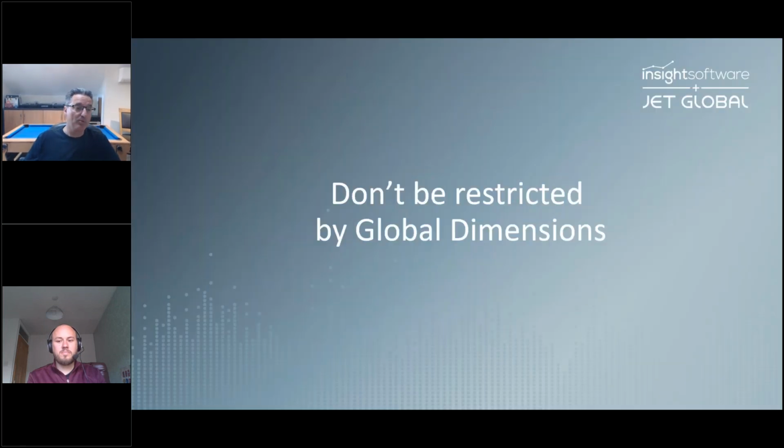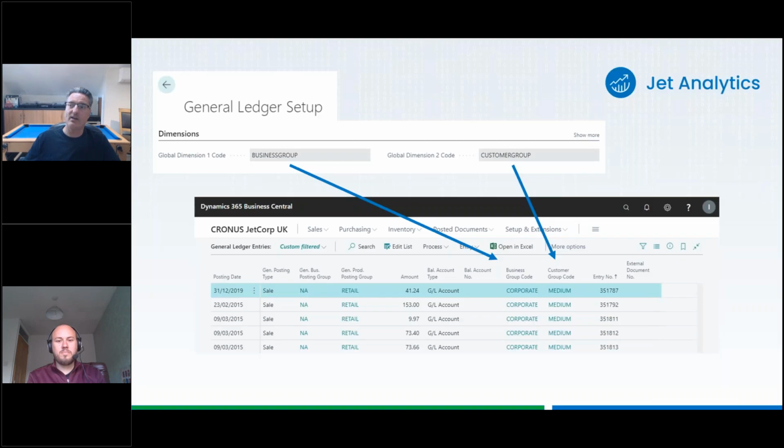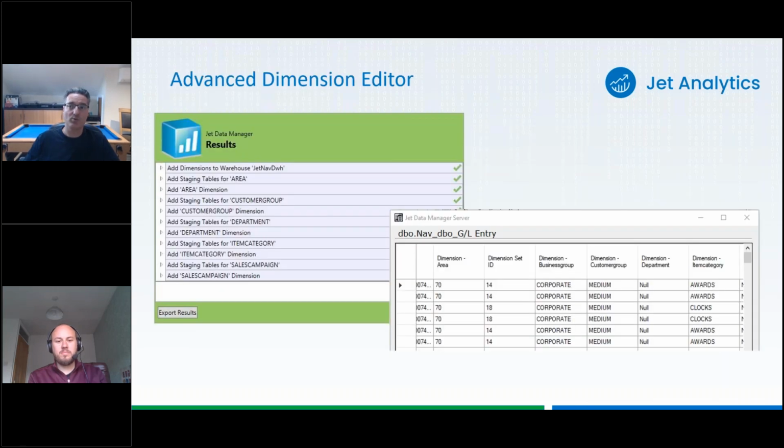Okay, we spoke about global dimensions. In the ERP, this is the general ledger entries page, and you can see here that we get access to the first two dimensions, which are known as global dimensions, both in NAV and Business Central. Inside the Jet Data Manager, we've got a tool which is called the Advanced Dimension Editor.